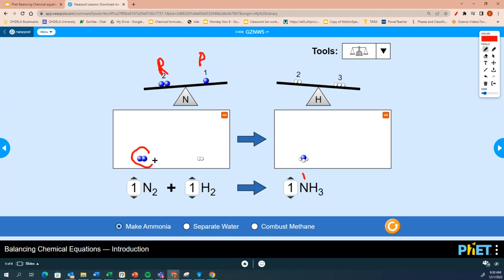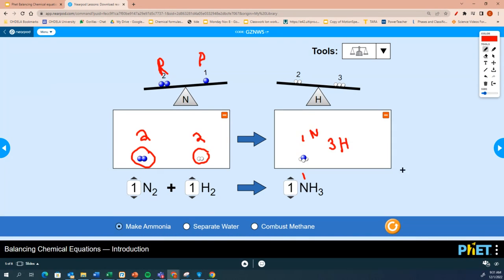You can also see that I have 2 nitrogens there, and I've added two hydrogens there. 1 molecule, two atoms of that. 1 molecule, 2 atoms. And notice there are too many on the reaction side. So if I look at this, I've got 1 nitrogen and 3 hydrogens.